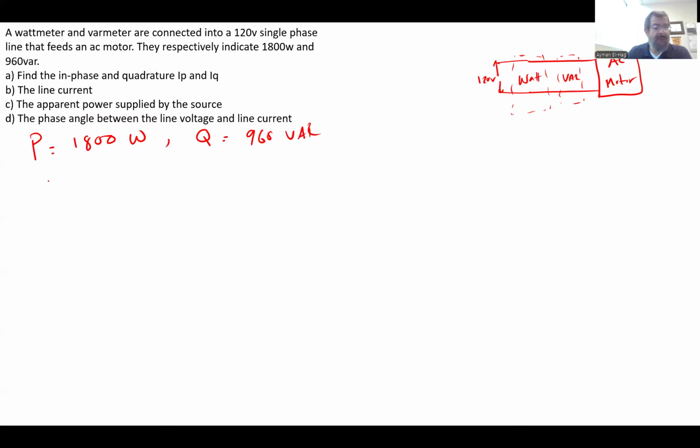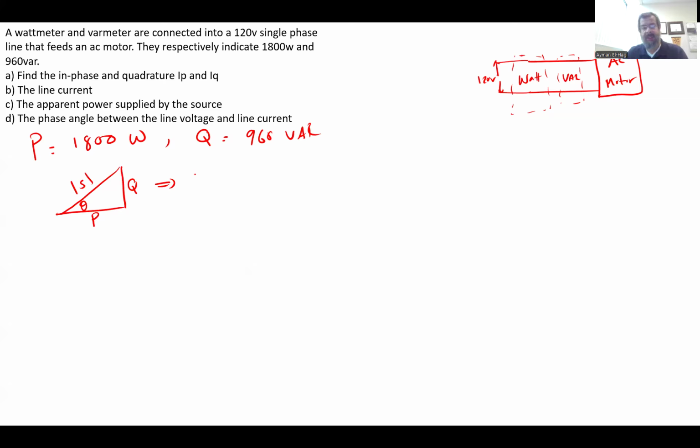From the P and the Q and knowing the power triangle, this is your theta, this is your P, this is your Q, and this is your S. That would be our main focus in this question. From this, I can find theta, which is the power factor angle, the angle of the current, or basically the difference between the angle of the voltage minus the angle of the current.